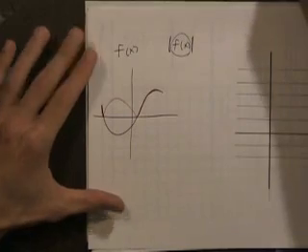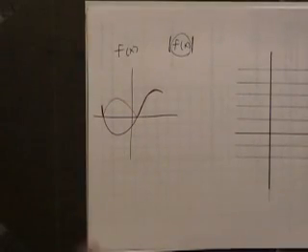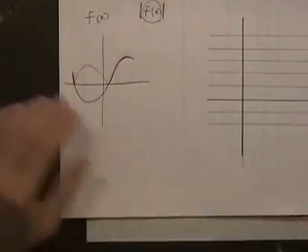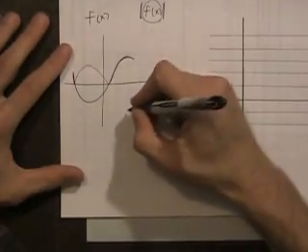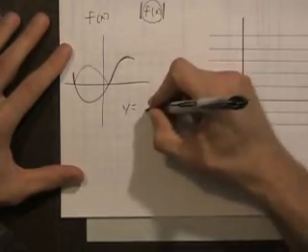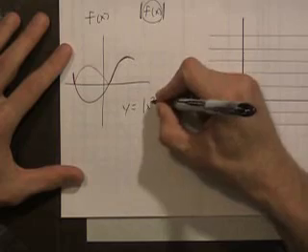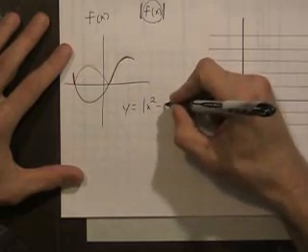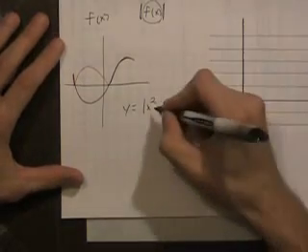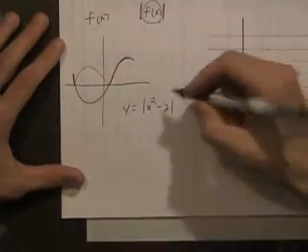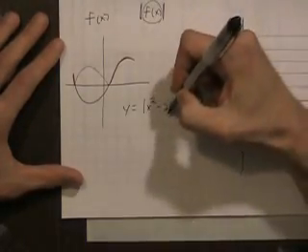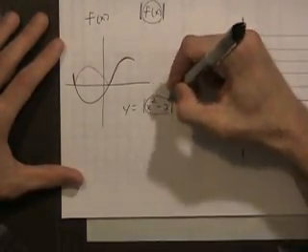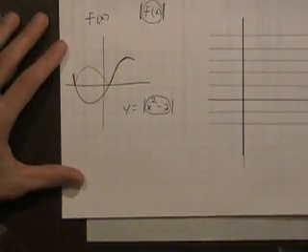If I were to ask you to give me a rough sketch of y equals absolute value of x squared minus 2, all you would have to do, if you can draw up a sketch of the inside, then you should be good to go.